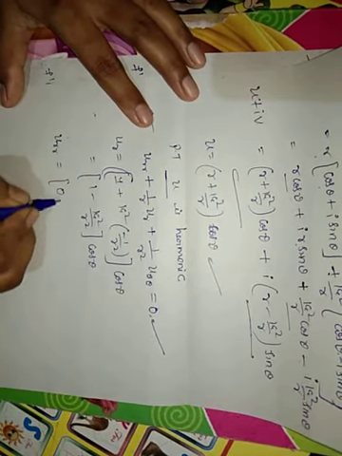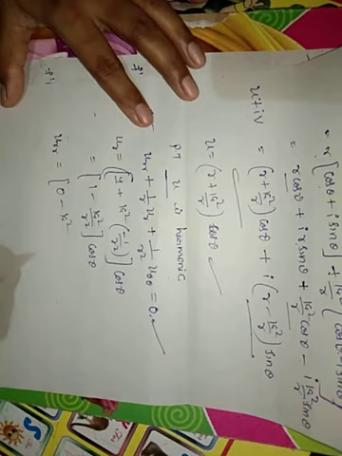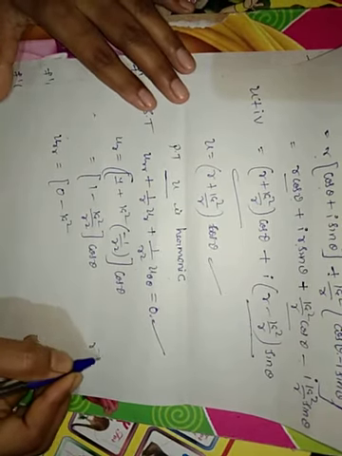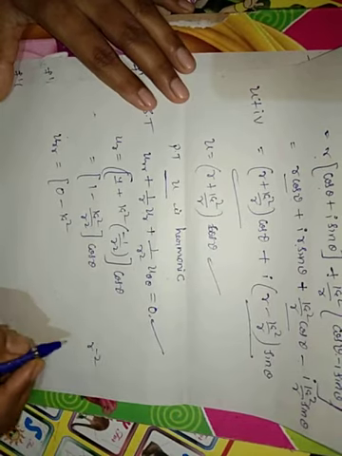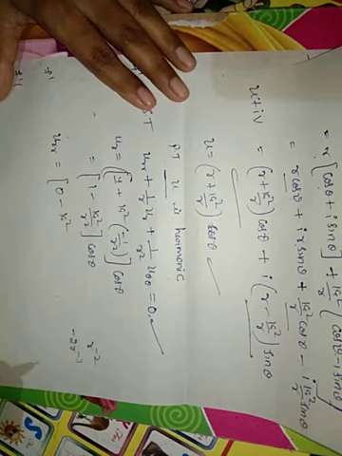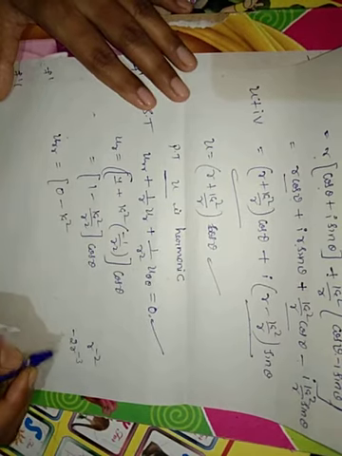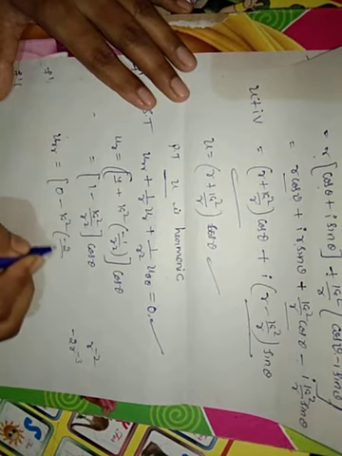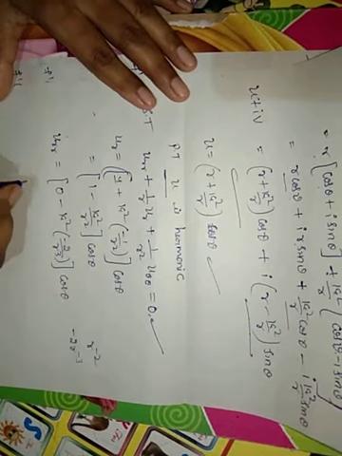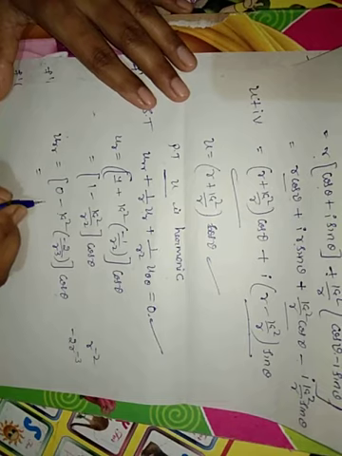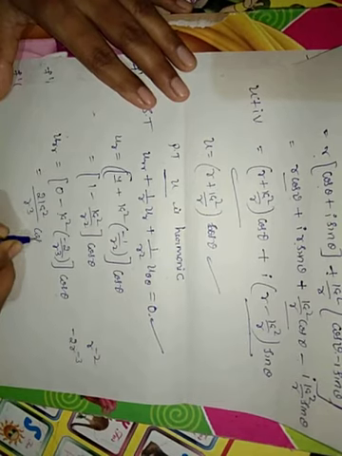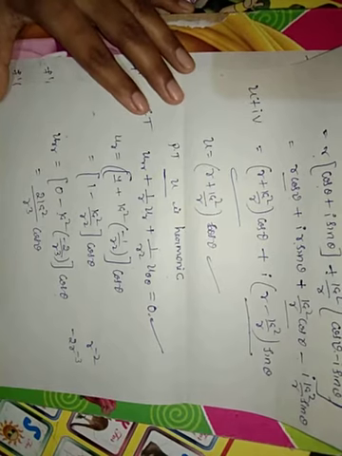The derivative of 1 is 0, minus k square into the derivative of 1 by r square, which is r raised to minus 2. The derivative of r raised to minus 2 is minus 2 r raised to minus 3. Taking it into the denominator, that is minus 2 divided by r cube into cos theta. Minus into minus gives plus 2k square divided by r cube into cos theta.